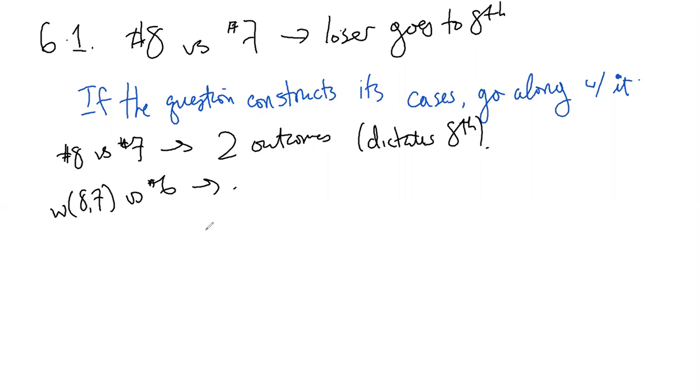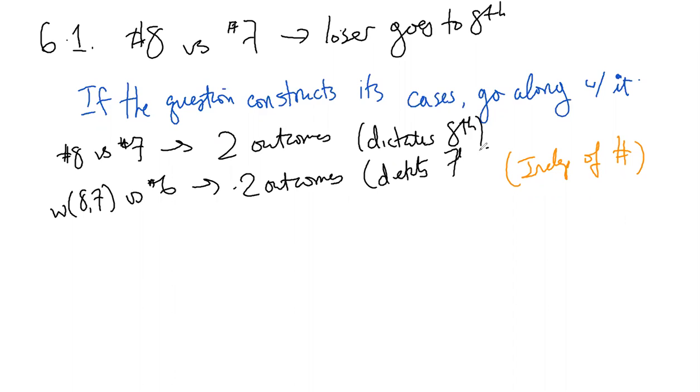How many outcomes are there? There's 2. And take note that this is independent of who won the last game, because it just matters that now it's that guy versus number 6, leaving 2 outcomes, and this dictates 7th.